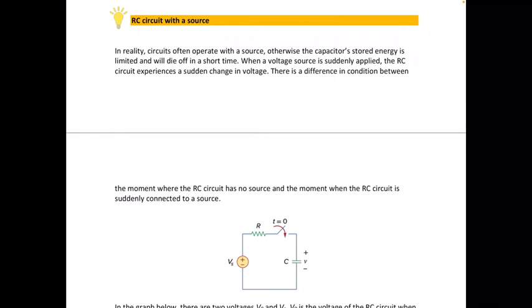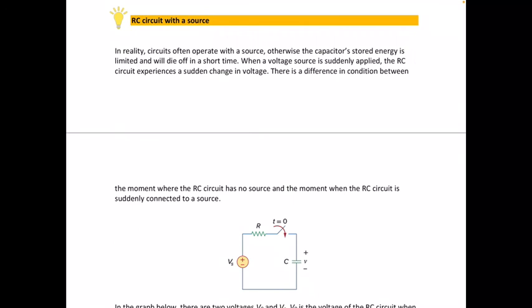So when the voltage source is suddenly applied, the RC circuit experiences a sudden change in voltage. So unlike source-free, where our voltage would just die down, in an RC circuit with a source, our circuit experiences voltage rise. So there's a difference in conditions between the moment where the RC circuit has no source and the moment where the RC circuit is suddenly connected to a source.